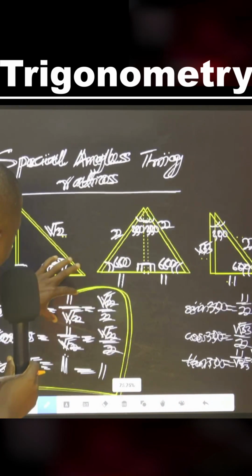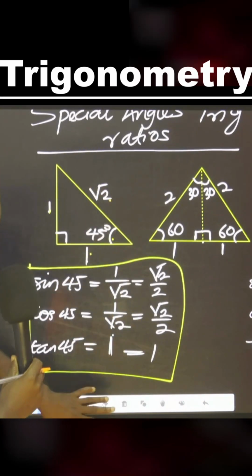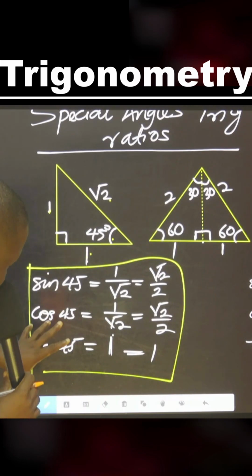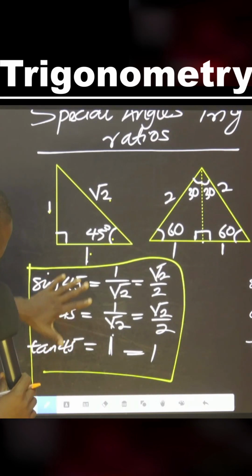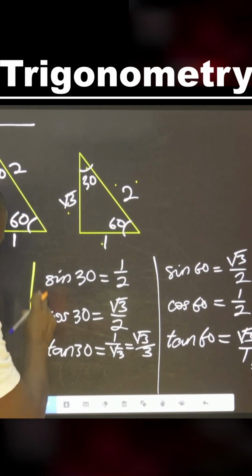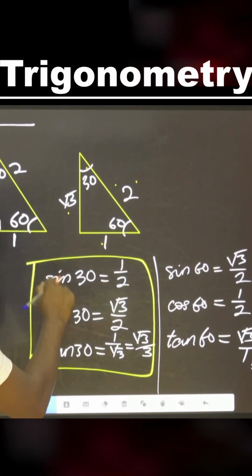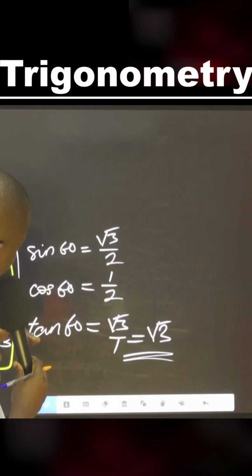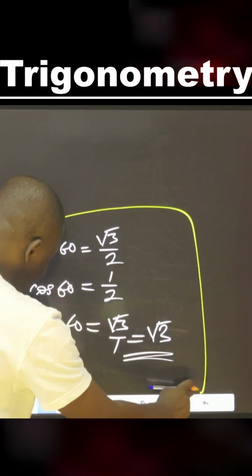So these angles are special angles. As you can see, this is the trigonometry ratio for 45, this is the trigonometry ratio for 30, and this is the trigonometry ratio for 60. Okay?